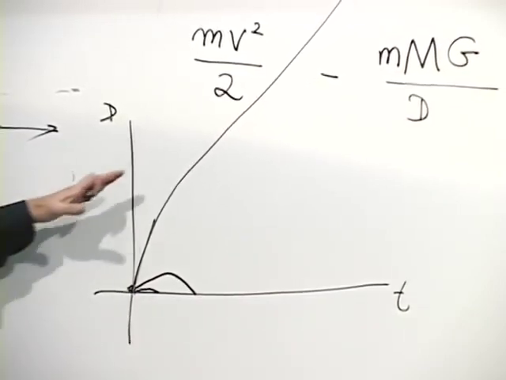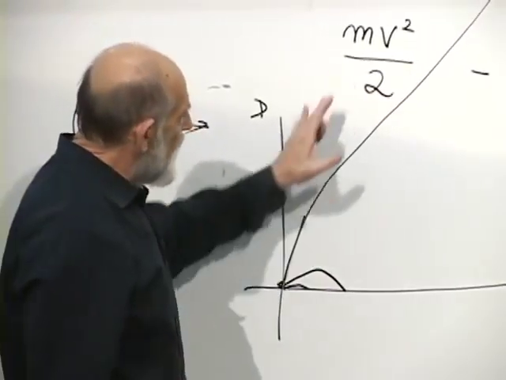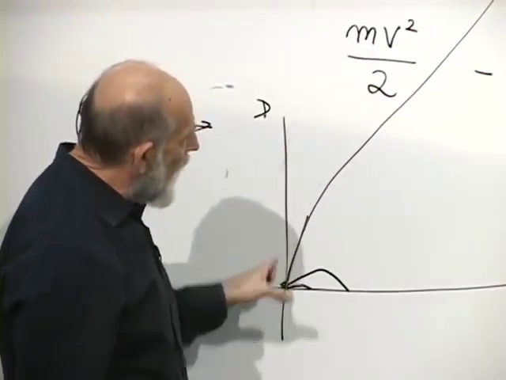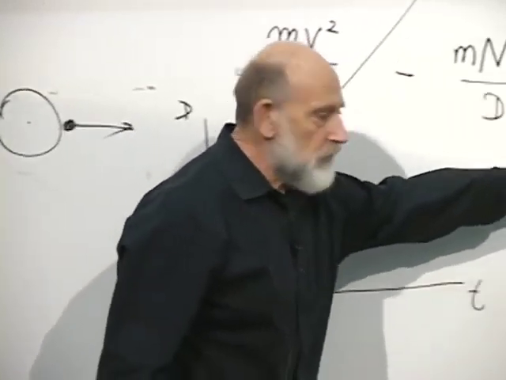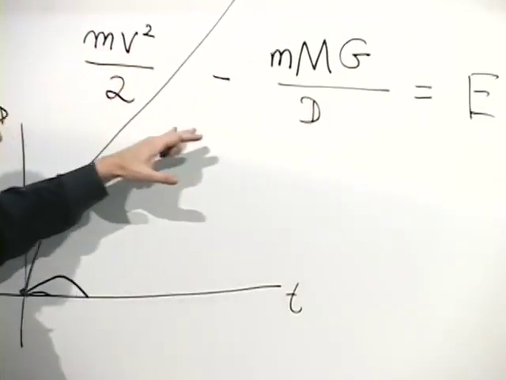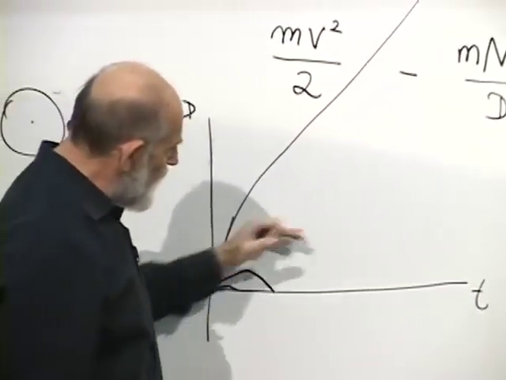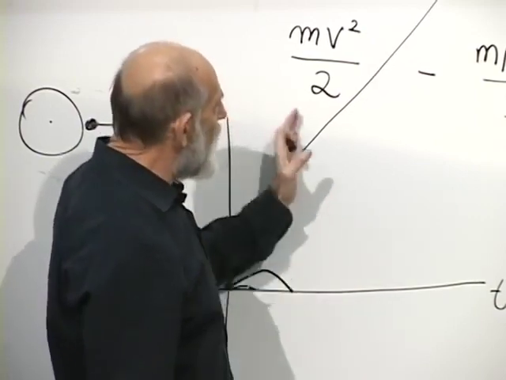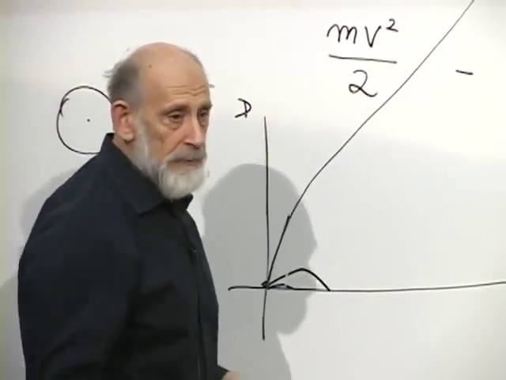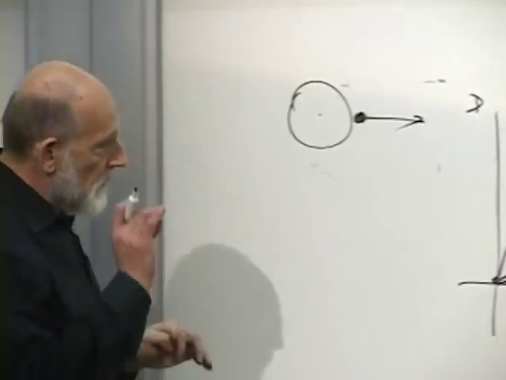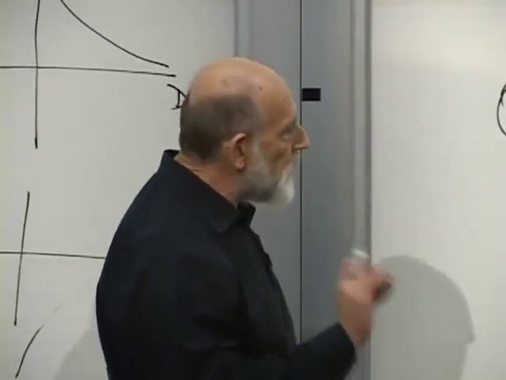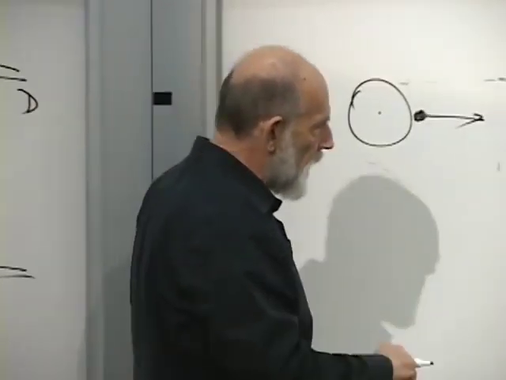Somewhere in between these two behaviors is exactly the right starting velocity to make the energy 0. If it were any less velocity, you'd fall back down. If it were any more, you surely escape. That velocity is just the marginal separation point between escaping and not escaping.